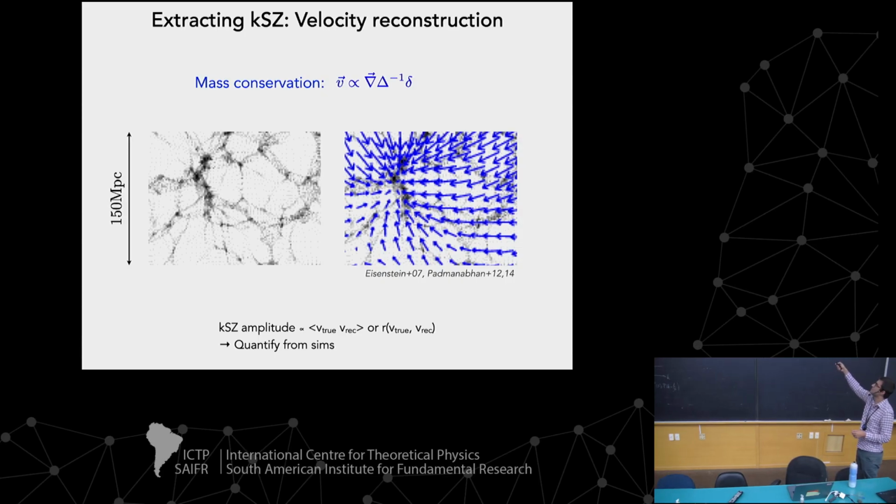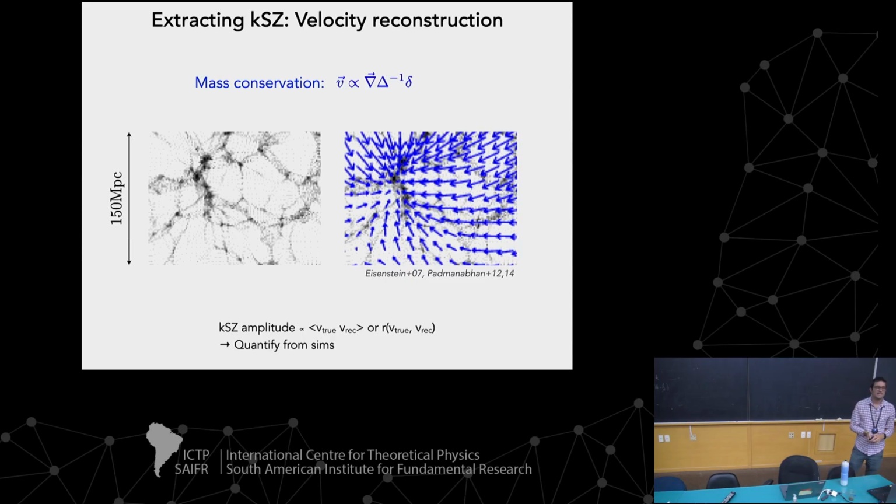If you write the mass conservation equation in linear theory, it relates the velocity field and the density field. And if you don't have much intuition for this operator, basically all this is saying is, if I have more stuff here, it's because stuff has been moving towards it. So intuitively, this is all this equation says, conservation of mass. If I have more stuff here, it's because stuff has been moving towards it.